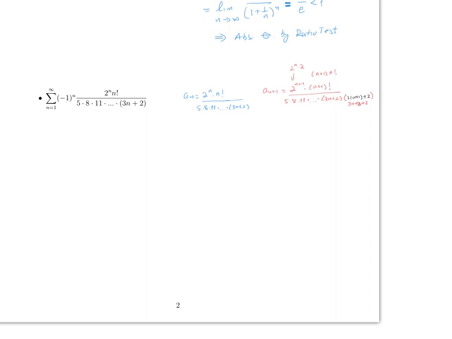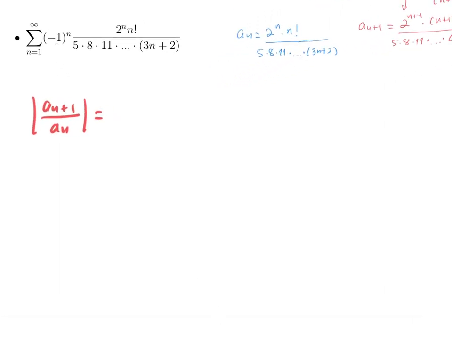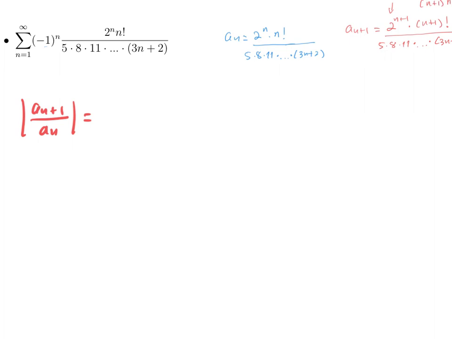So therefore, when you do the ratio, a n plus 1 over a n, this will give you the following. This is going to be 2 to the n times 2, times n plus 1 times n factorial, divided by 5 times 8 times 11, times 3n plus 2 times 3n plus 5, and then times 5 times 8.